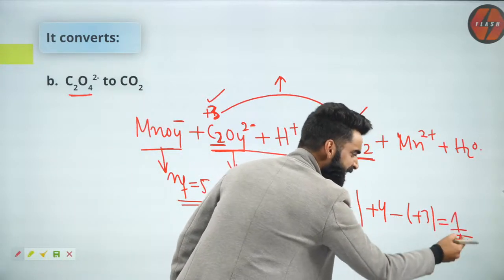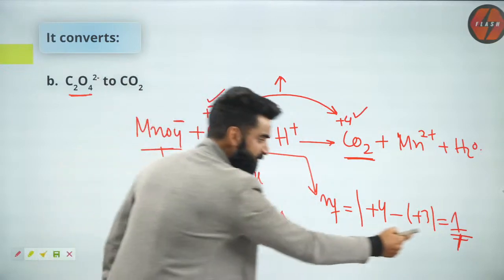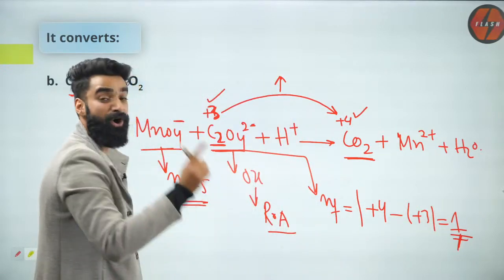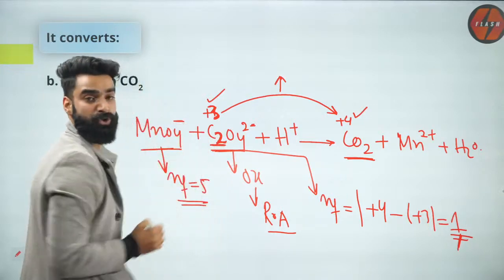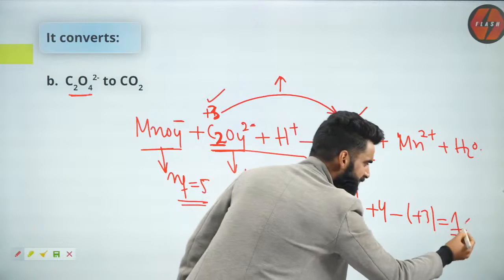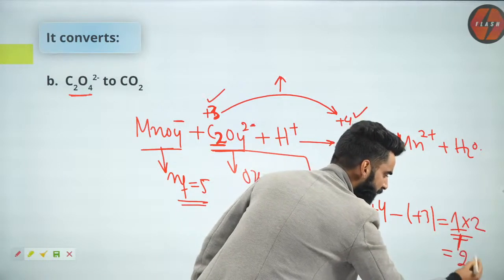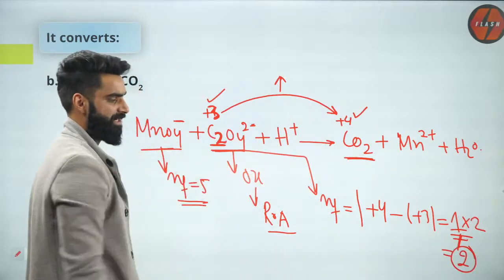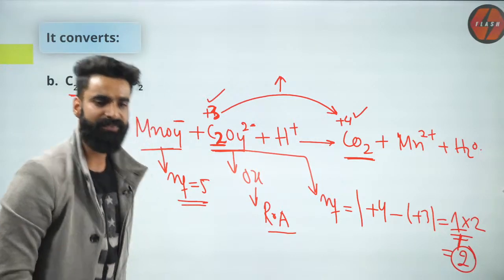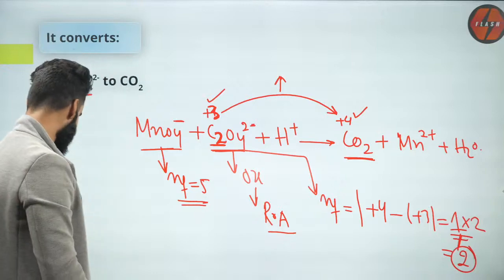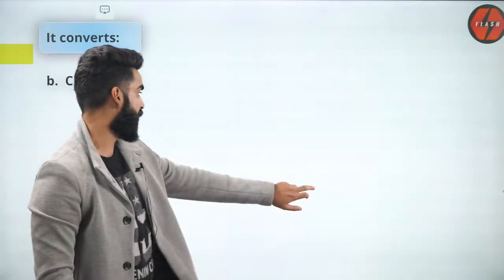But this is the change in the oxidation state for one atom of carbon. But how many atoms of carbon do I have? I have 2 atoms of carbon, so I'll simply multiply it by 2. So the N factor of oxalate ion in this reaction is going to be 2. Is this clear to everyone? Wonderful, great guys. I'm moving on to one more.